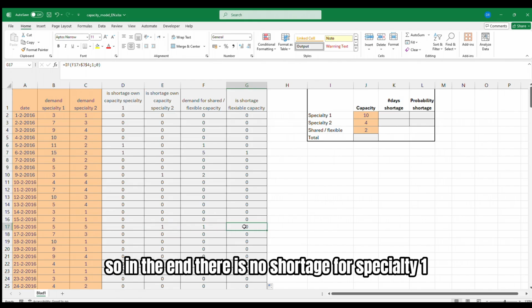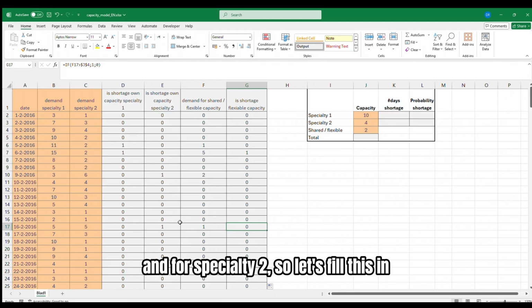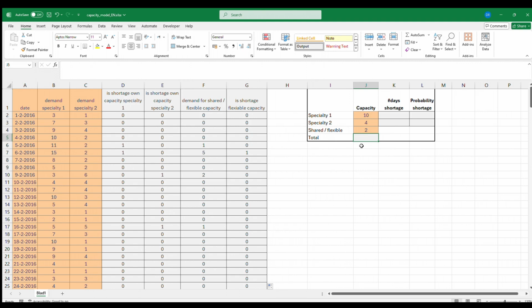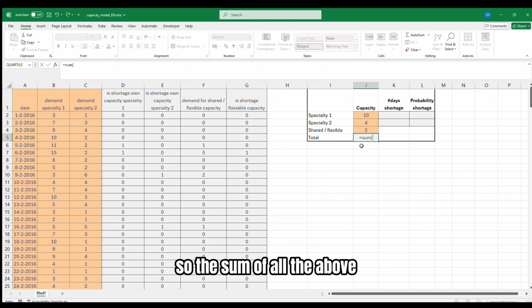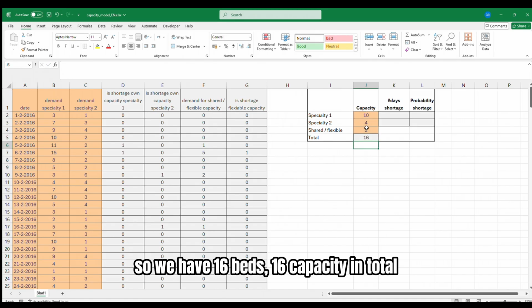So in the end, there is no shortage for specialty 1 and for specialty 2. So let's fill this in. So the sum of all the above. So we have 16 beds, 16 capacity in total.